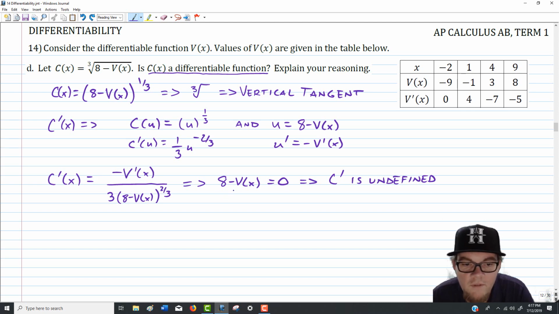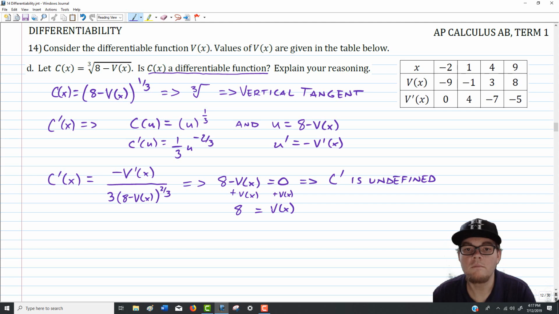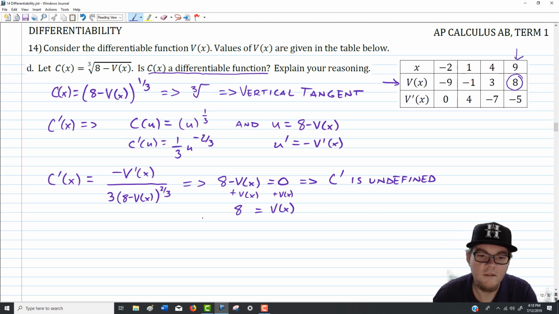So in other words, if we add v of x to both sides, what we're really asking is, does 8 equal v of x anywhere? Because if v of x never equals 8, then we're fine. This will never be equal to 0. We'd be done. Well, we don't have a lot of information, but looking at our table, is there ever a place where v of x equals 8? Yeah. v of x equals 8 right there, at x equals 9.